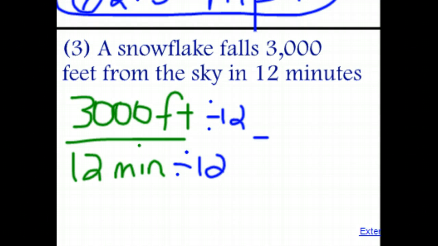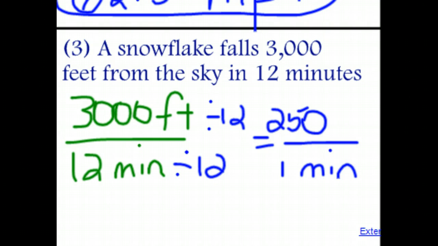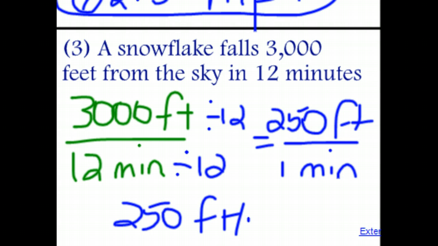The second value becomes 1 minute, so we can find the amount that the snowflake fell over 1 minute. And 3,000 divided by 12 is 250 feet. So this is now 250 feet per minute.